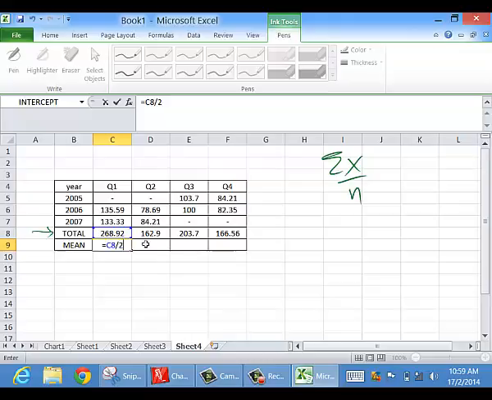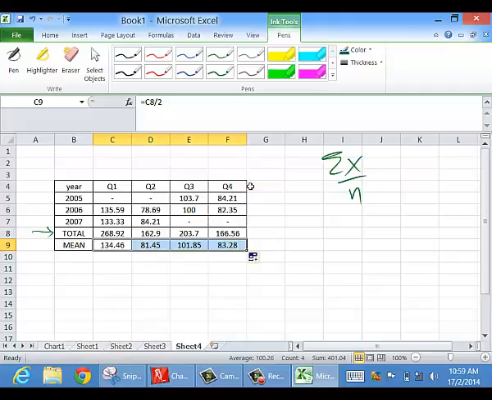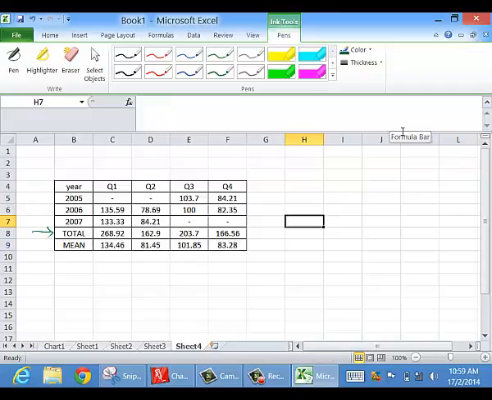Then everything divide by 2 since you only have 2 for each time period. So if you have 3 for one time period, then you need to divide by 3. You need to carefully divide. Okay?